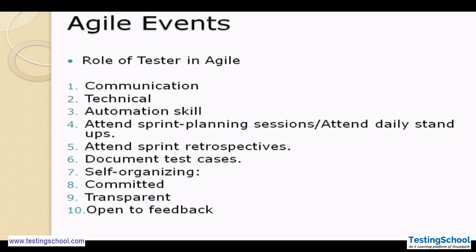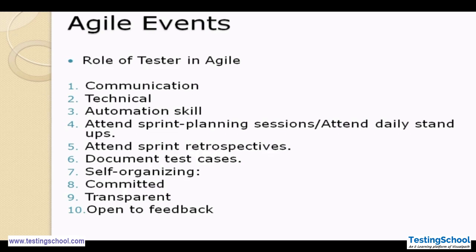Then what all other roles, like attend sprint planning session, attend daily stand-up calls with the client. Sprint planning, so that they can get the correct picture of the user story that is assigned to them for testing, and attending the daily stand-up calls so that they know what is going on in the project.